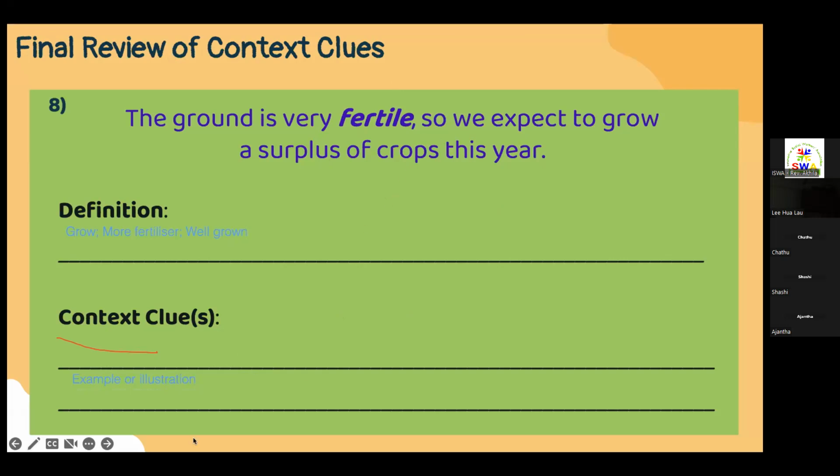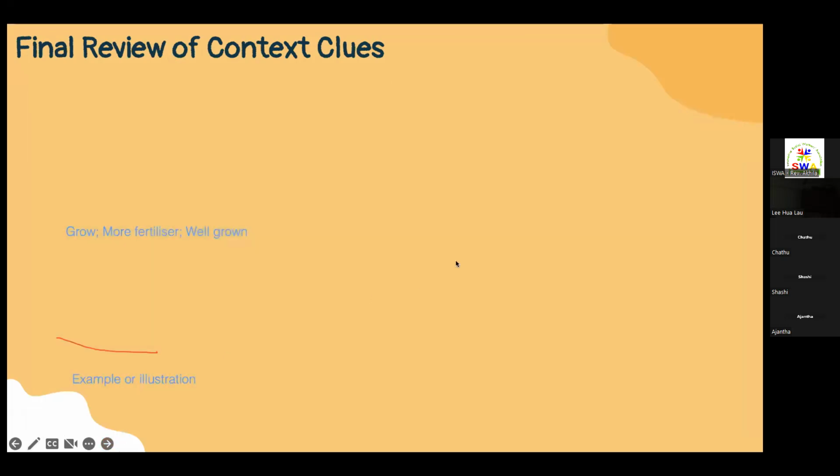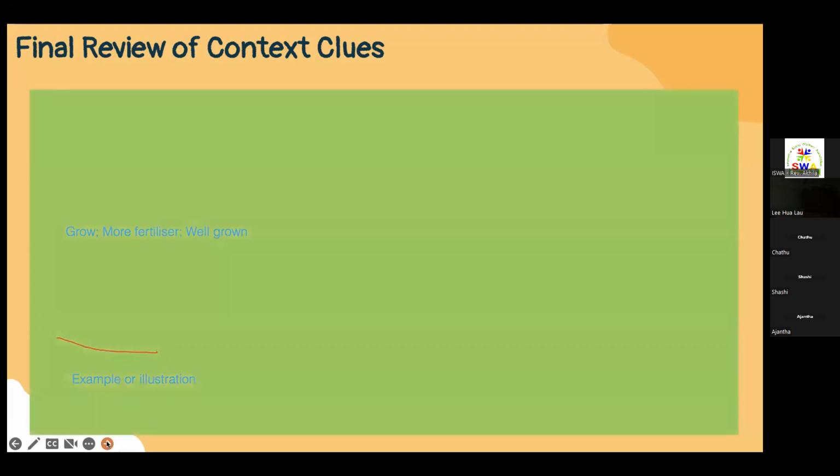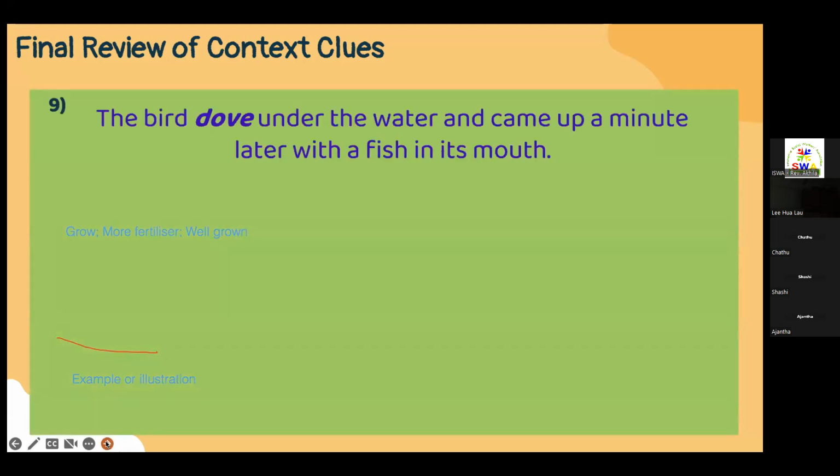Let's try the next one, okay? The bird dove under the water and came up a minute later with a fish in its mouth.